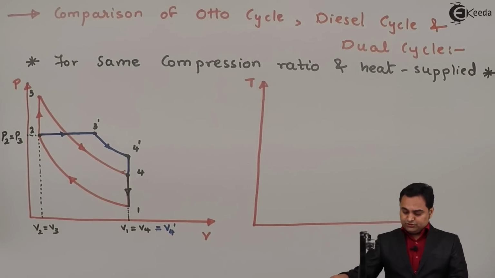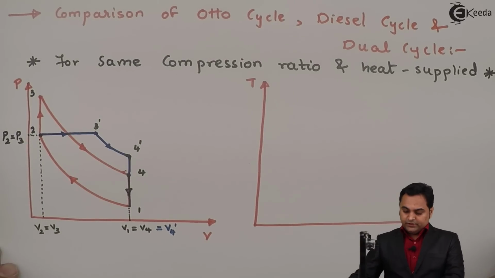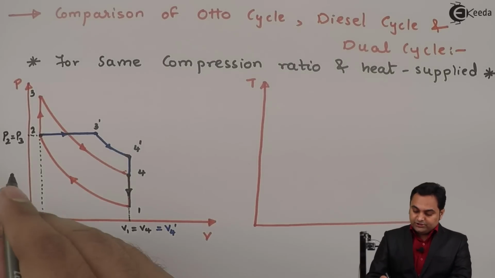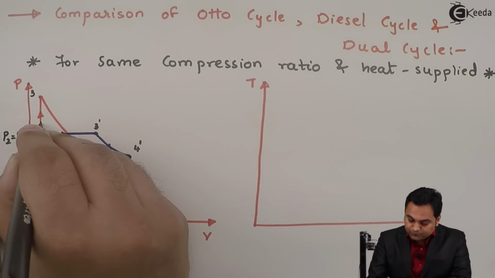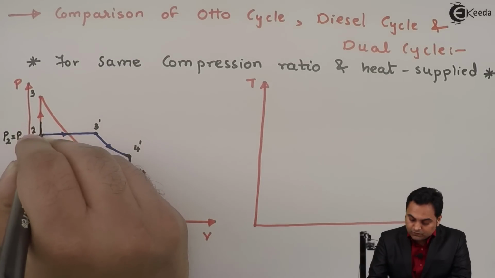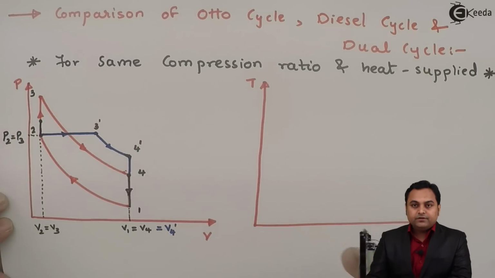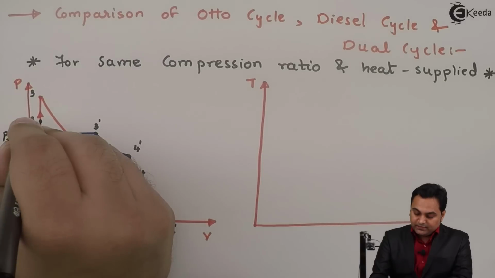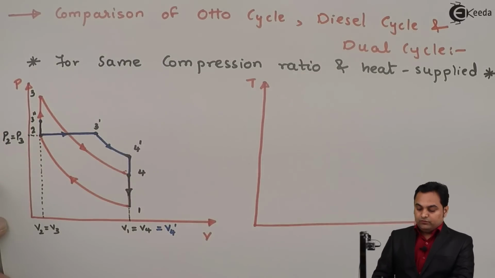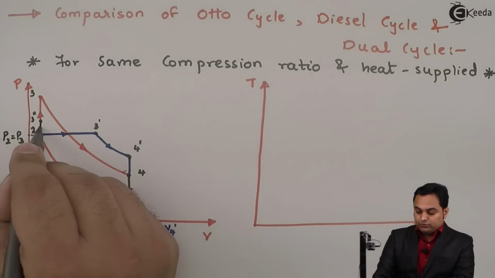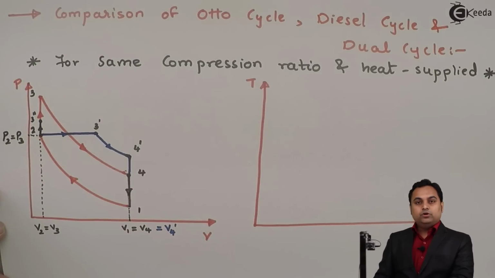Next, process 2 to 3 will be constant volume heat addition, keeping the volume constant. In case of dual cycle, I'll give this point as 3 double dash, so the volume is constant from 2 to 3, constant volume heat addition.